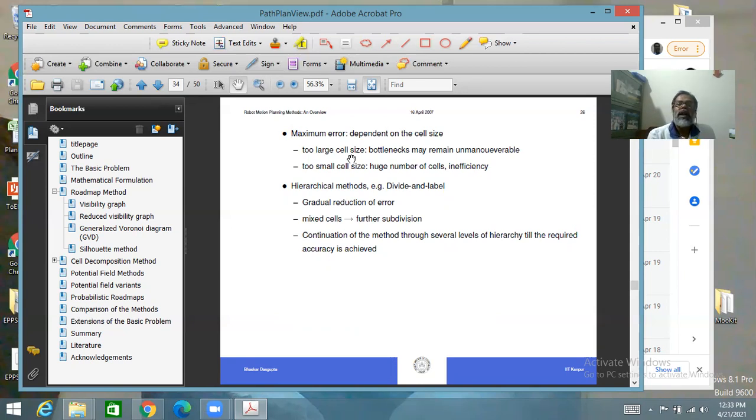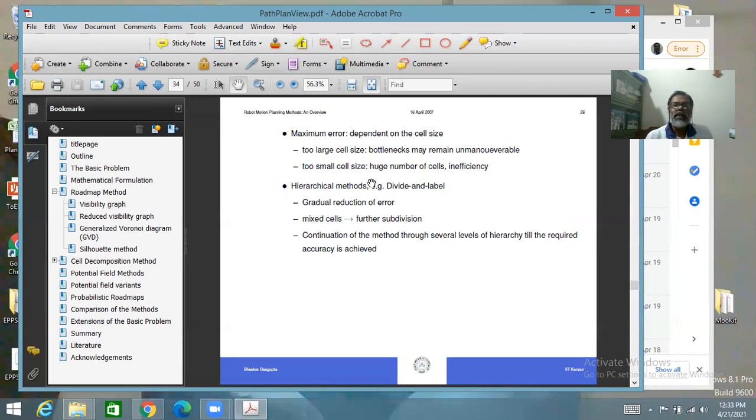If you have too small a cell size, then there will be too many little cells, and that will make your graph enormous, and that will cause inefficiency. So what is the solution between the two? How large to have, and what is the policy for that? How can you decide a policy on that?